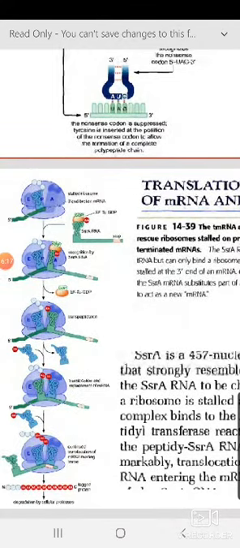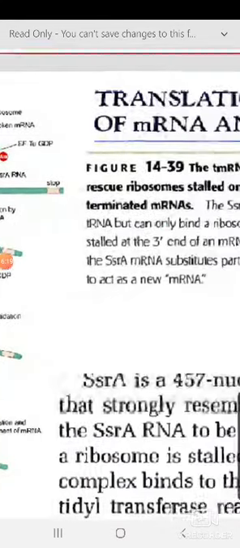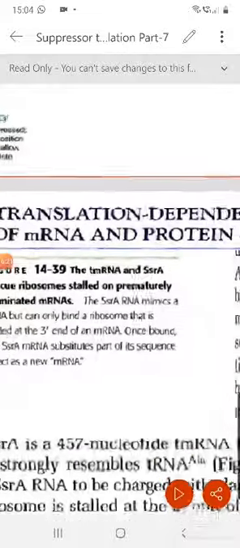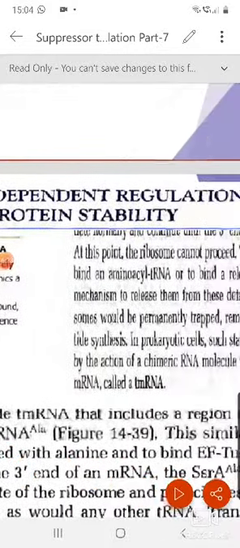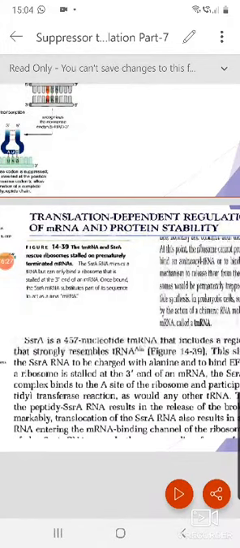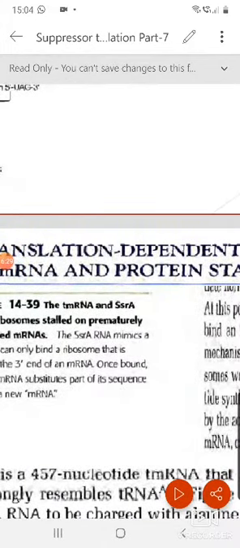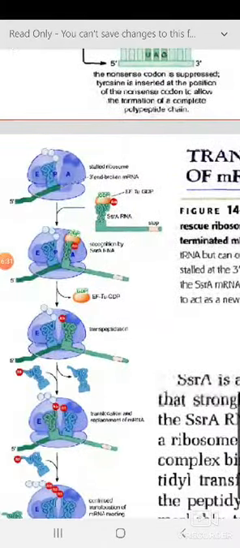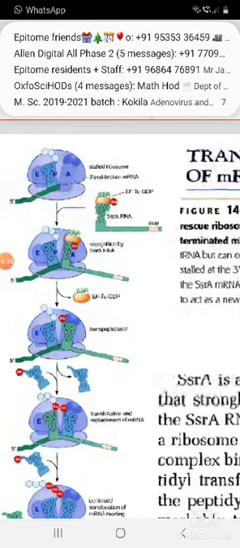Now the third one is another type of regulation, where the situation is translation dependent regulation of mRNA and protein stability. The situation is this: an mRNA is translating inside the ribosome, but the mRNA is truncated at the 3 prime terminus.